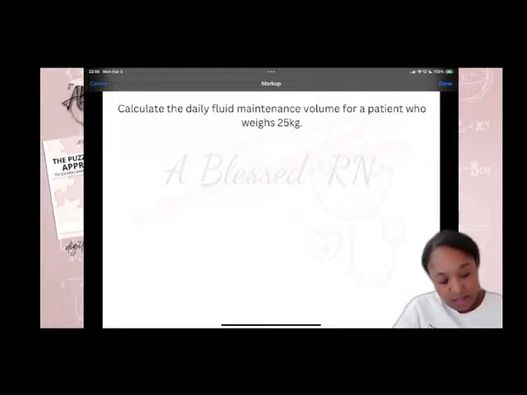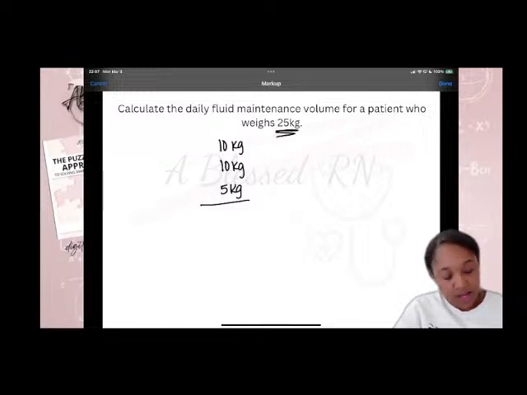So we'll do 10 kgs. We're trying to get to 25, so 10 kgs and then 5. That all equals our patient's weight, which is 25. The first formula is times 100, the second one is times 50, and the third is times 20.